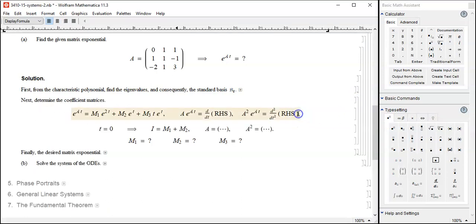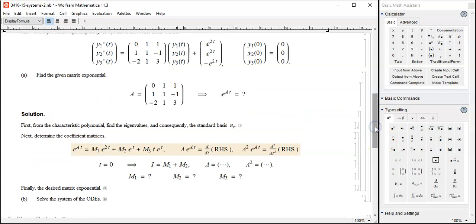And consequently, we get these coefficient matrices to work on. And how do you solve it? Well, I didn't really do anything. I'm going to ask you to do it. Take the derivative, second derivative, and then plug in 0. So we have these 3 equations and 3 unknowns, m1, m2, m3.